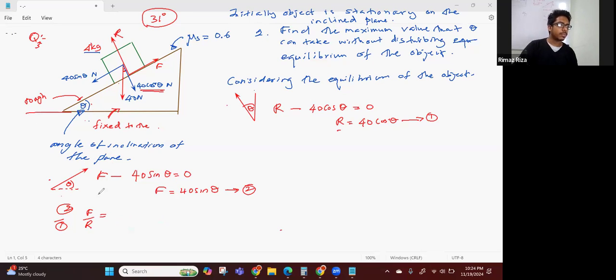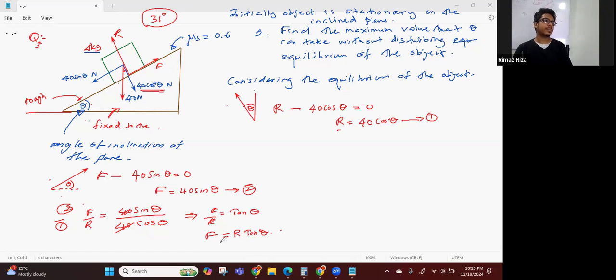Sorry, I divide equation 2 by 1: in 2 we have 40 sin theta, and in 1, 40 cos theta. So 40 and 40 cancel. Therefore, F over R equals sin theta divided by cos theta, which is tan theta. Therefore, F equals R tan theta.